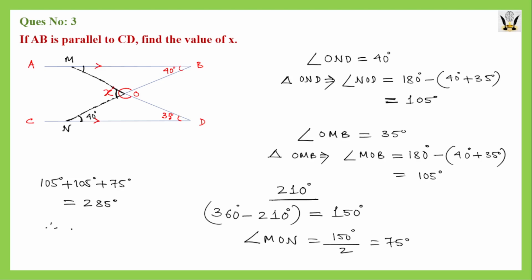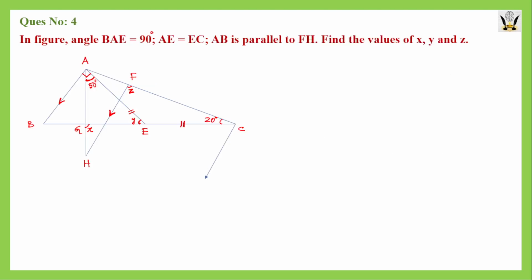That means we can conclude that the measure of the angle represented as X is 285 degrees. Now to simplify this particular sum, we can apply other approaches also, but that will be based on parallel lines and angles only. Now the next sum, this one is an interesting one.